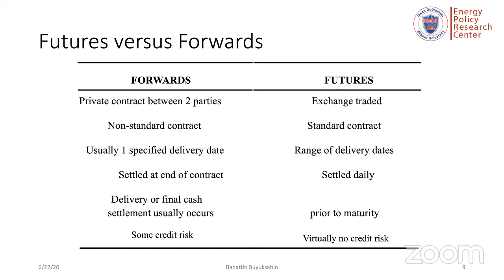On the futures, you generally offset your position prior to maturity. So you don't necessarily take delivery, but it is possible to take delivery after the maturity. Of course, in forwards, there is some credit risk due to counterparties not negotiating through a clearinghouse. In futures, virtually no credit risk. This credit risk is borne by the clearinghouse.